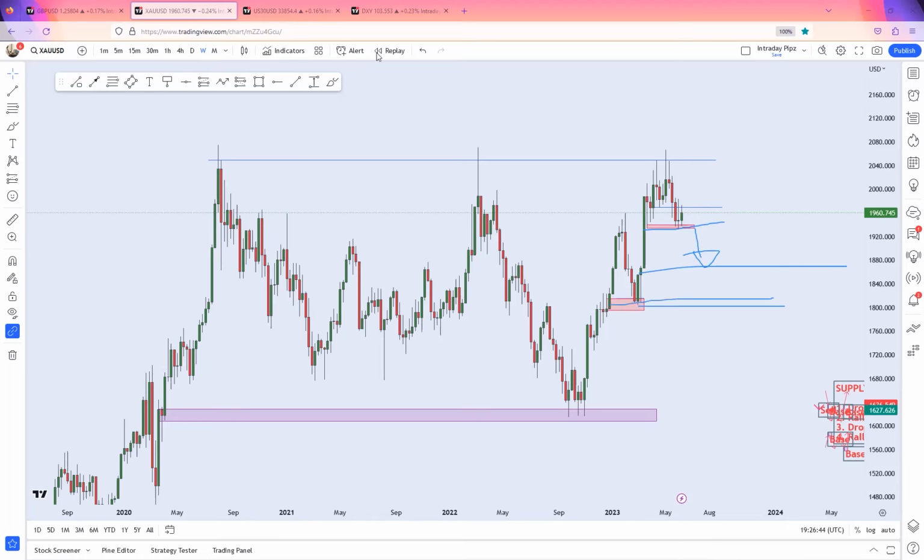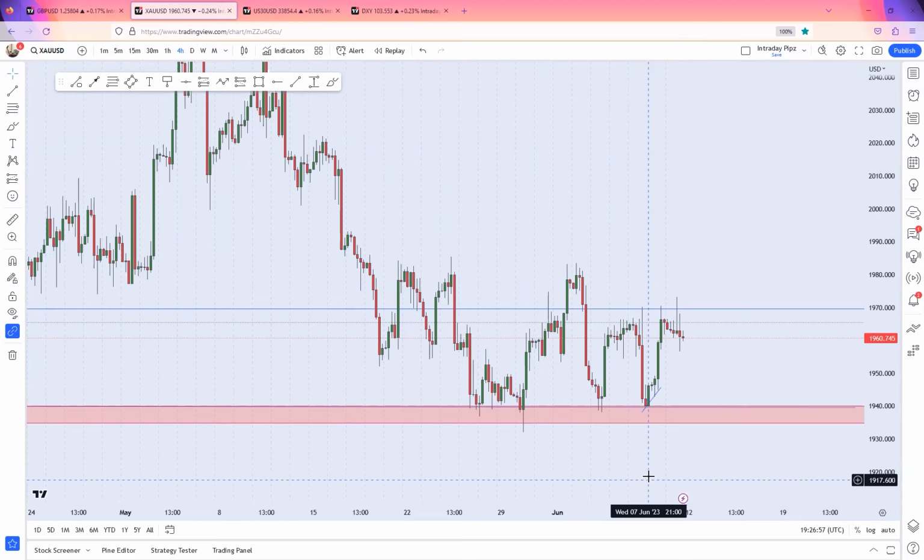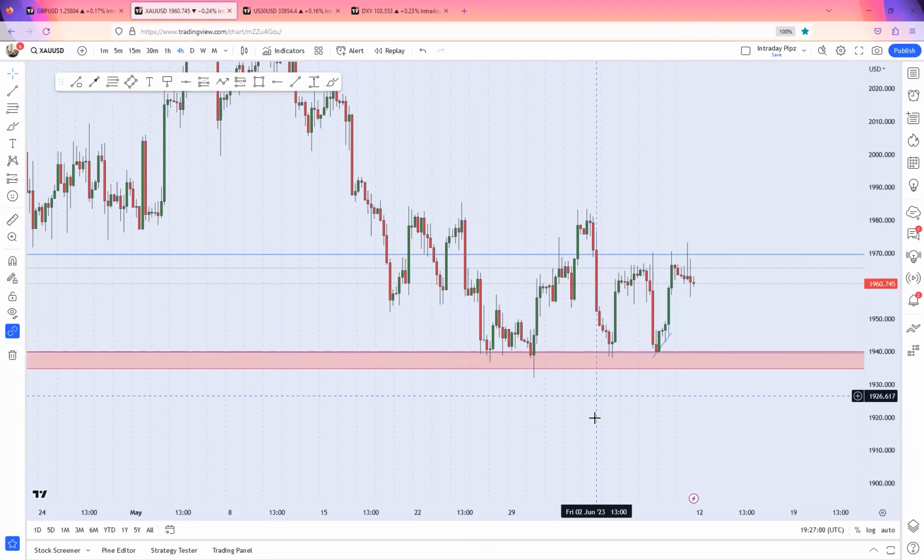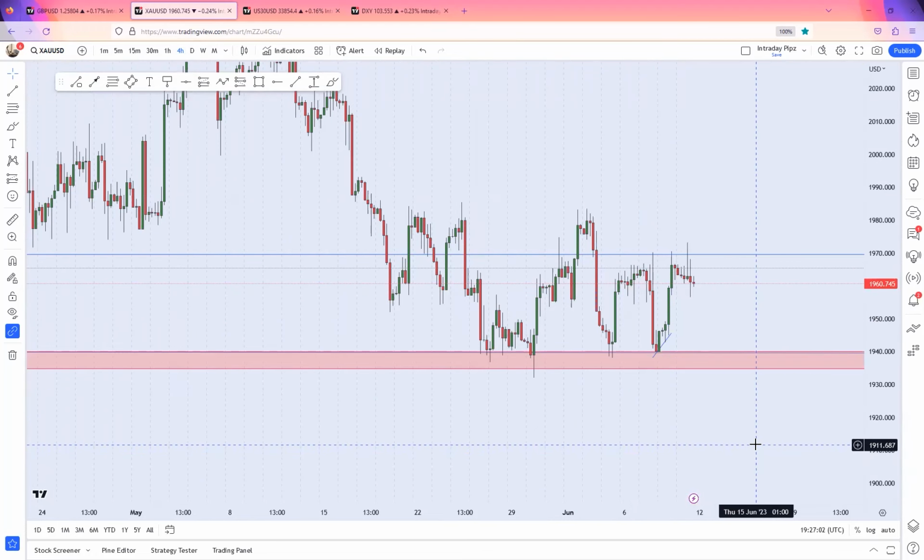Now if we step lower to the 4-hour time frame, we have a different perspective. On the 4-hour time frame, it is somewhat clear that we might see price retest this zone because we saw rejection at this previous level.